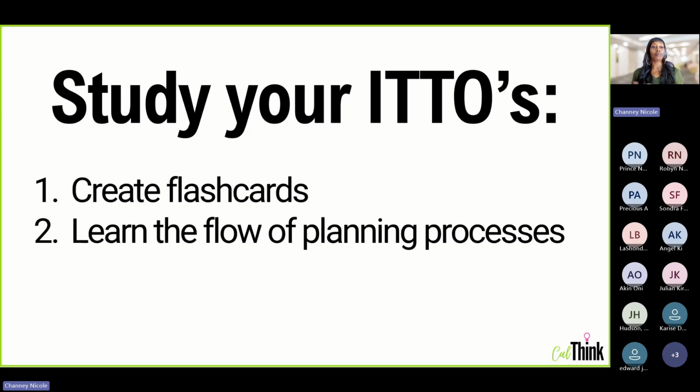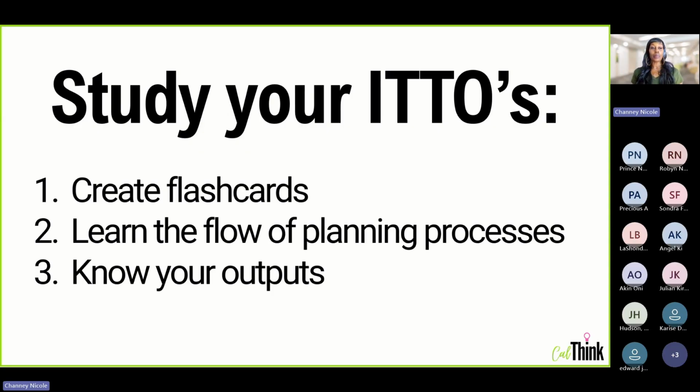Learn the flow of risks, how it goes from identify risks to plan risk responses, and all the different processes in between. And then know your outputs. Start to associate what comes out of each process with the process itself. That way you won't get tripped up on the exam if it only references the output, because you'll know which process it's connected to. And if you know the process, you know exactly where you are on the grid and you'll know what to do next.